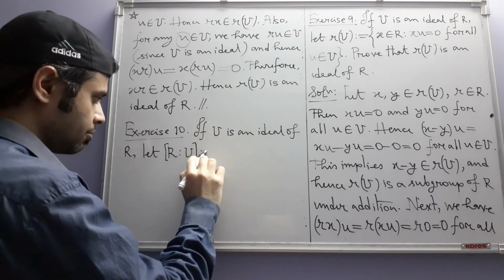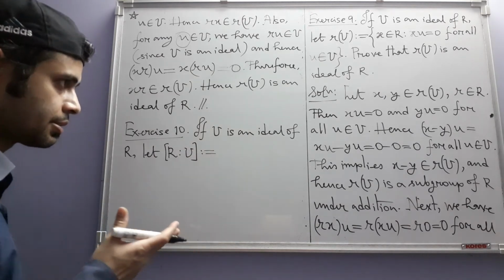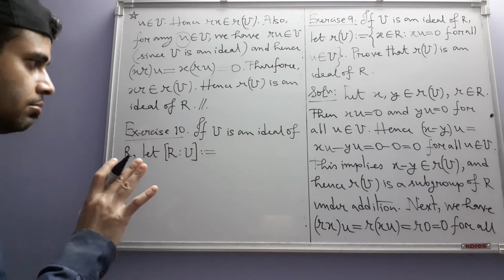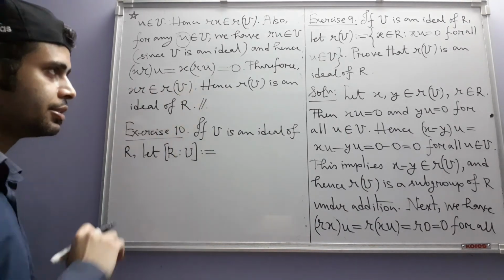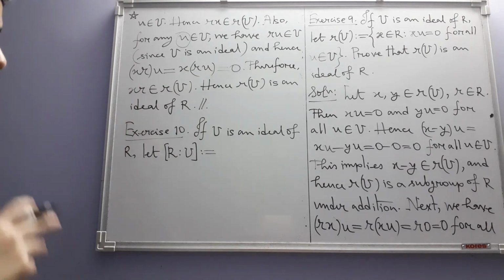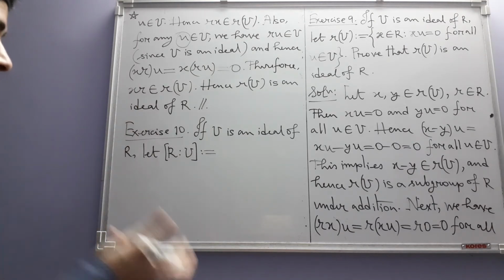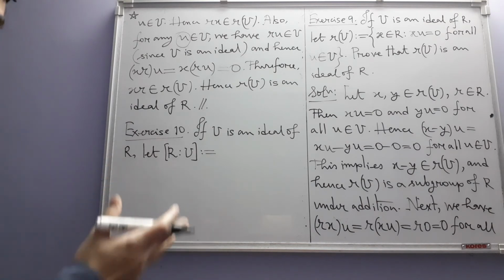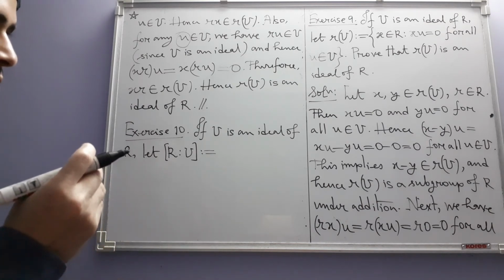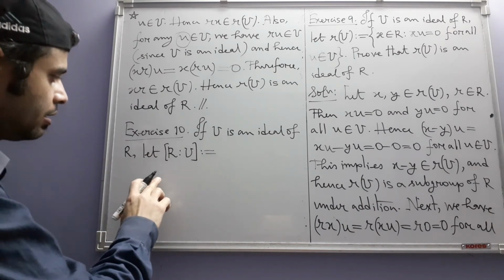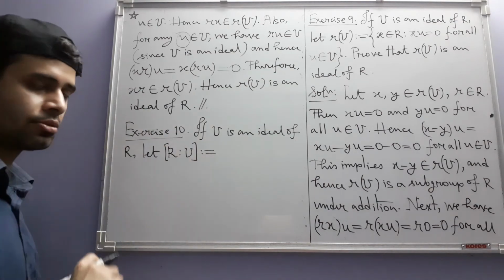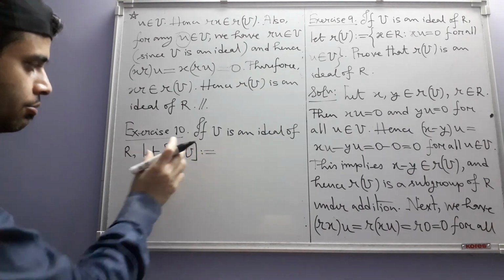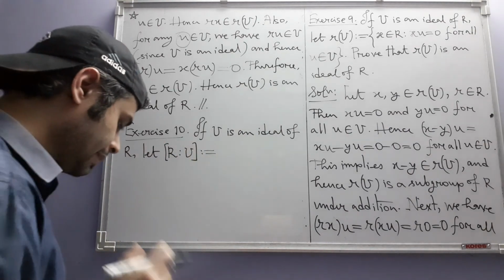I don't really know what these notations mean, there must be some reason for calling this Ru. I think when we study ideals more deeply, we will come across the reason why they look like this.